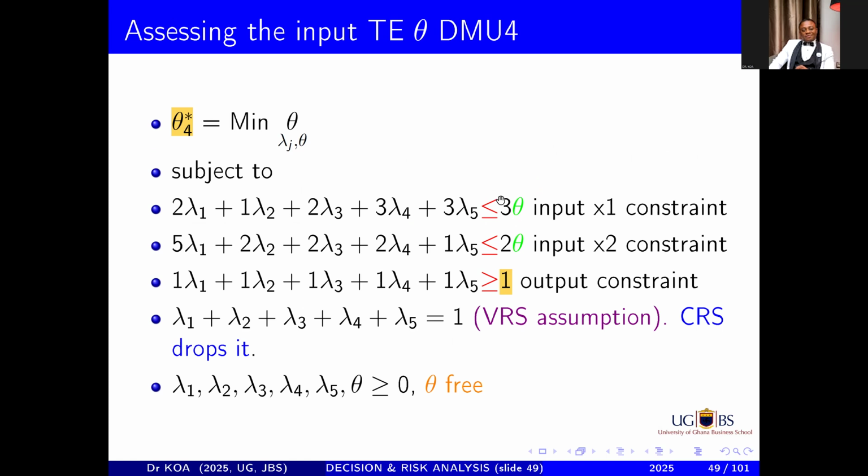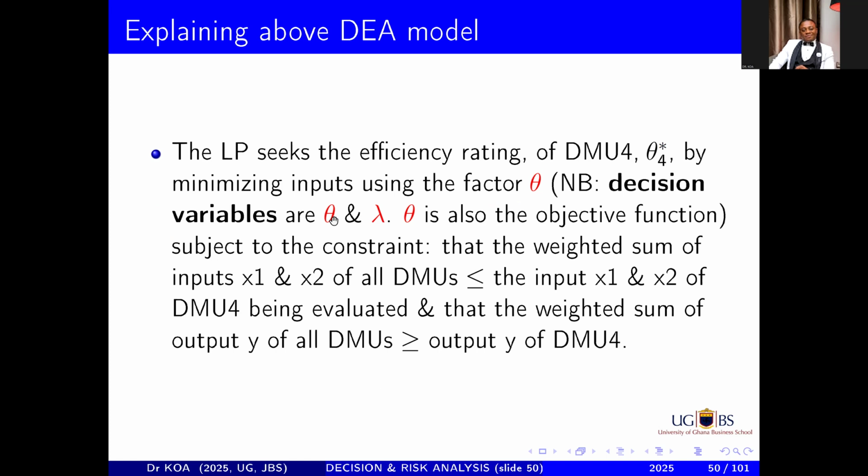Now, how do I know that? You come to the right-hand side here, and you see that, yes, the inputs are being minimized. That is why the inputs have been multiplied by theta. So you are minimizing the input using a factor. This factor is an improvement factor.